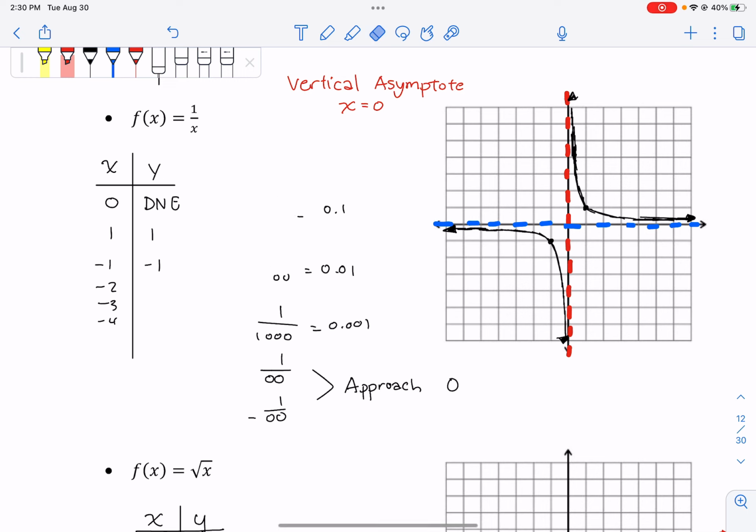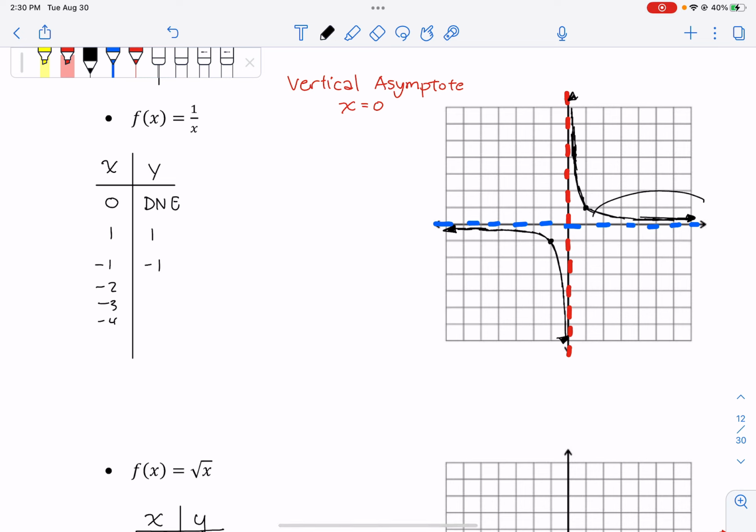A horizontal asymptote happens if you plug in a very, very large number, either negative or positive. And whatever that approaches becomes your horizontal asymptote, which tells us that no matter what happens, your y value will never reach this.